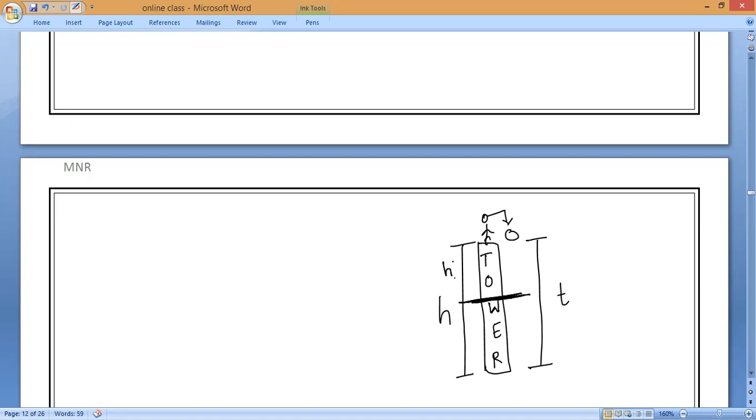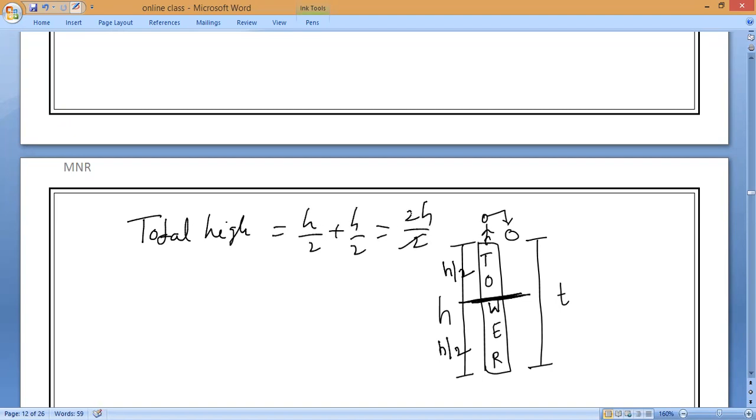So this is h by 2 and down also h by 2. So total height is h by 2 plus h by 2, which is 2h by 2. 2 will get cancelled. H. Same thing is coming. So now they are asking us to calculate the time taken to travel this h by 2 alone. Is it yes or no, Hari? This is the midpoint.